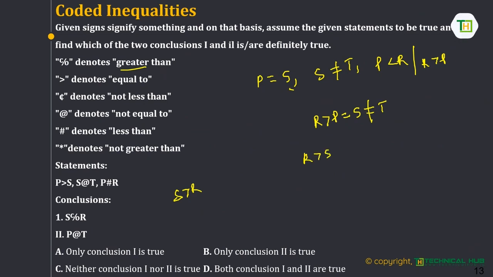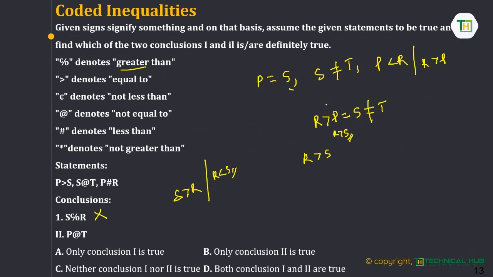R greater than P, and P equals S means P is replaced by S. So R greater than S is correct, but the conclusion S greater than R, or R less than S, is given. Both are the same. So the statement is R greater than S, but the conclusion is R less than S. So conclusion 1 is a wrong answer.